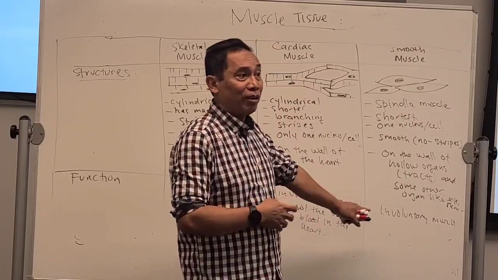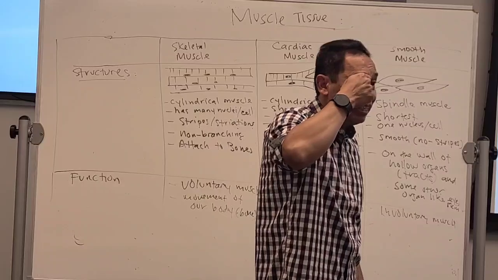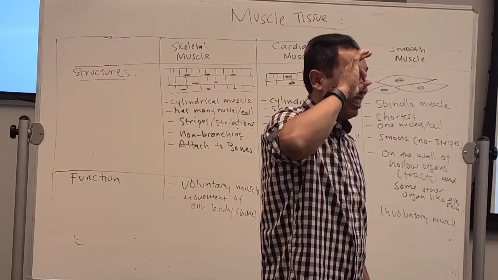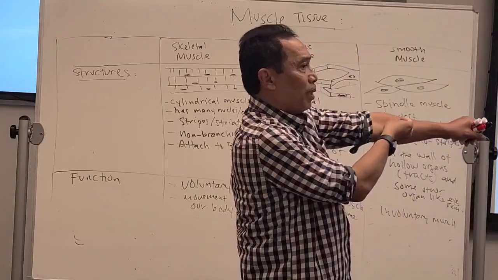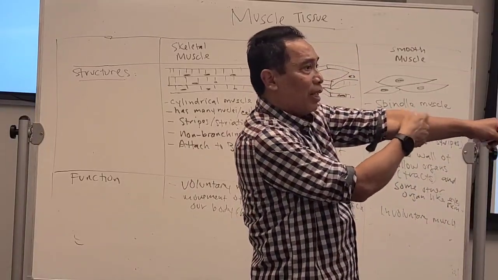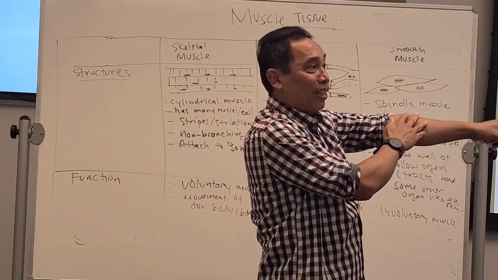So it depends on the location. I mentioned before, in the eyes, there is a muscle called the iris to control the opening of your pupil, the hole of the eyes. On the skin, we have the muscle called the arrector pili. It actually controls the erection of the hair. But can you control it? No, it does it by itself.